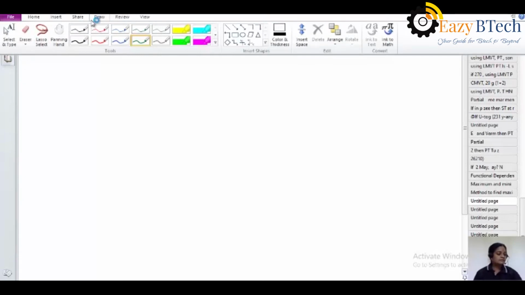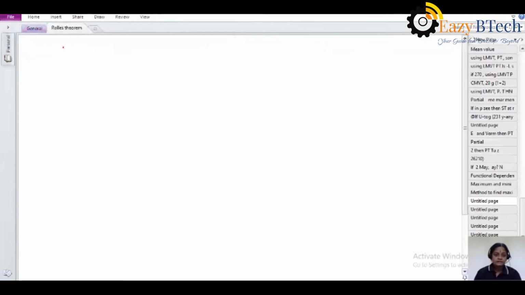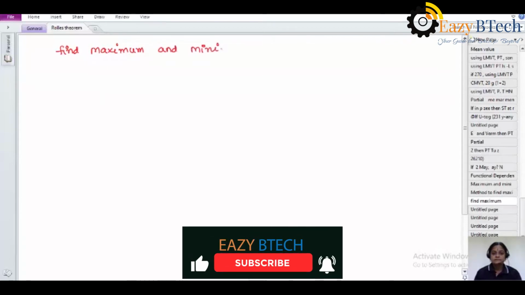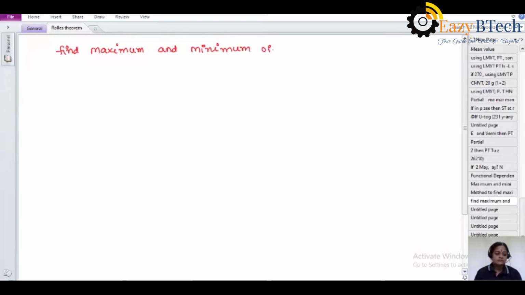So find maximum and minimum of u is equal to sin x sin y sin of x plus y, where the conditions 0 less than or equal to x less than or equal to pi, 0 less than or equal to y less than or equal to pi, okay.